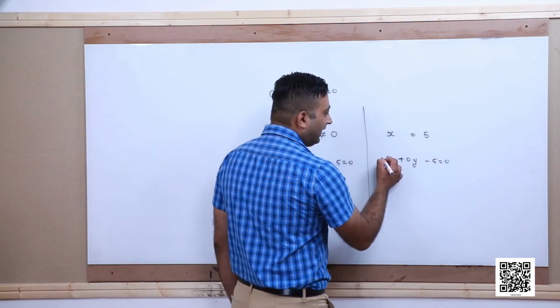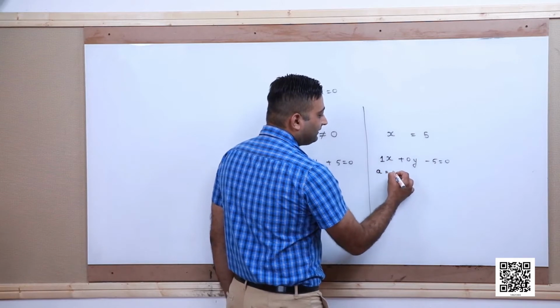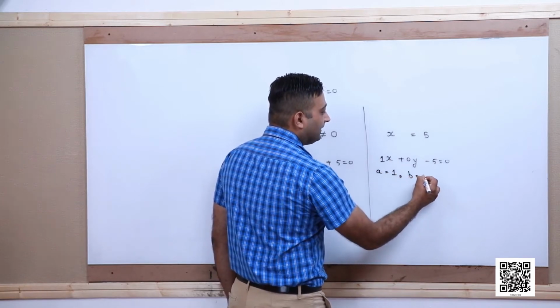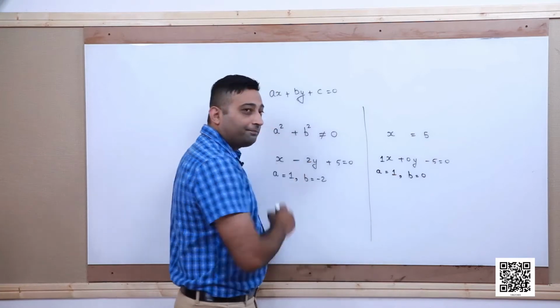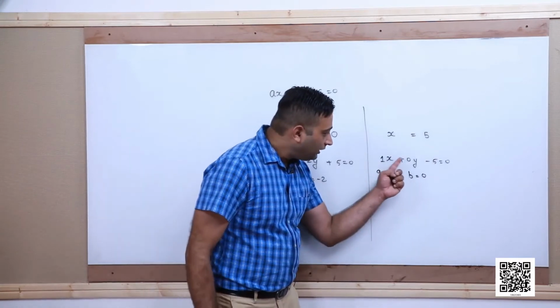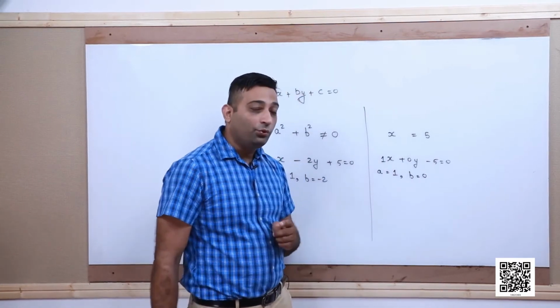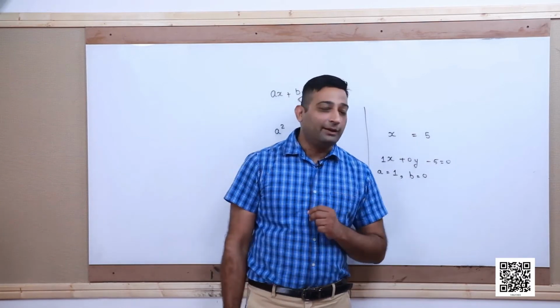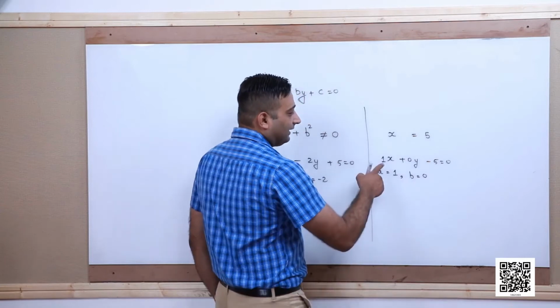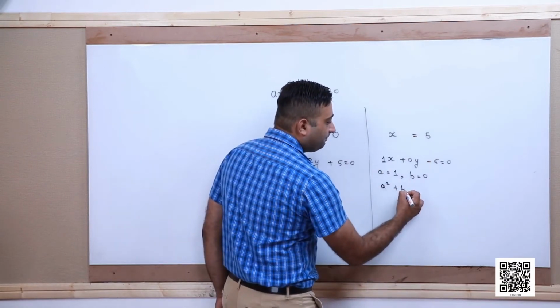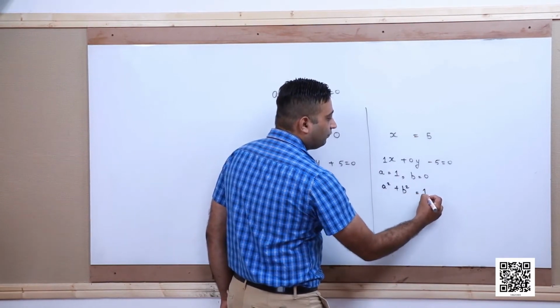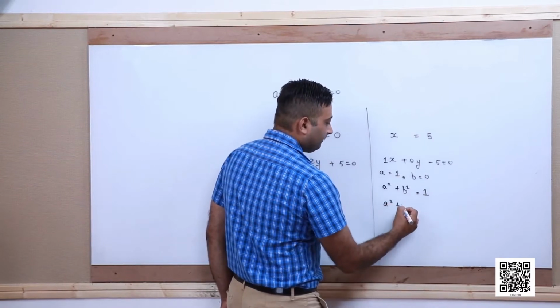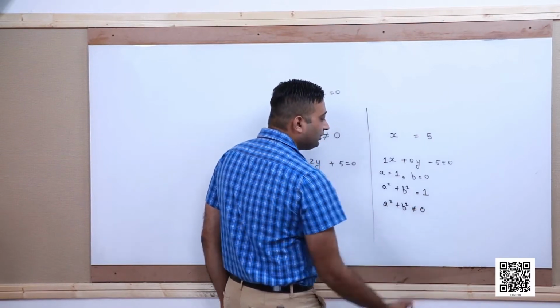And again we can see that by comparing it with the standard form, a is equal to 1 and b is equal to 0. If in case both a and b are 0, then this will not represent an equation in two variables. But in this case, a square plus b square is equal to 1. That means a square plus b square is not equal to 0.